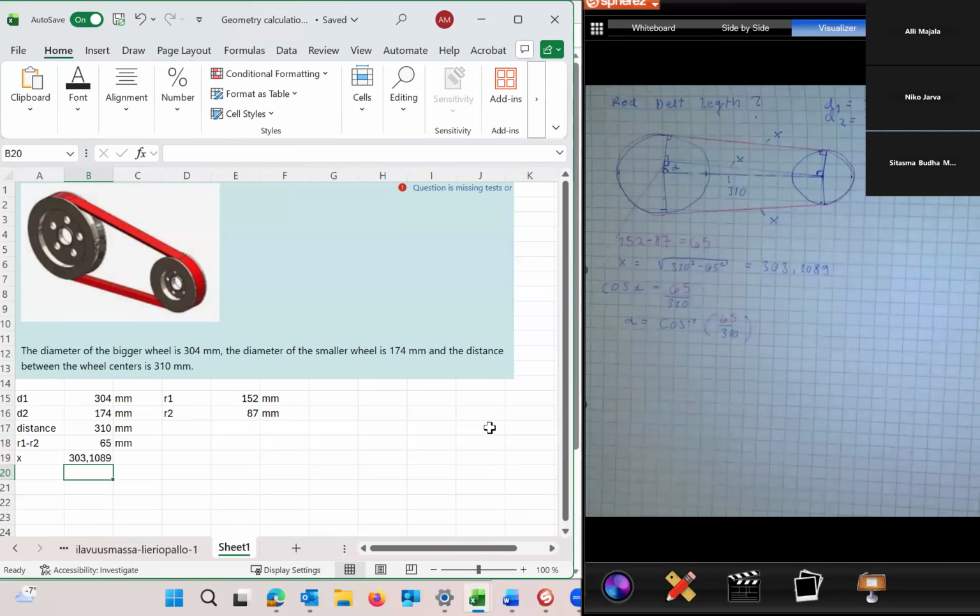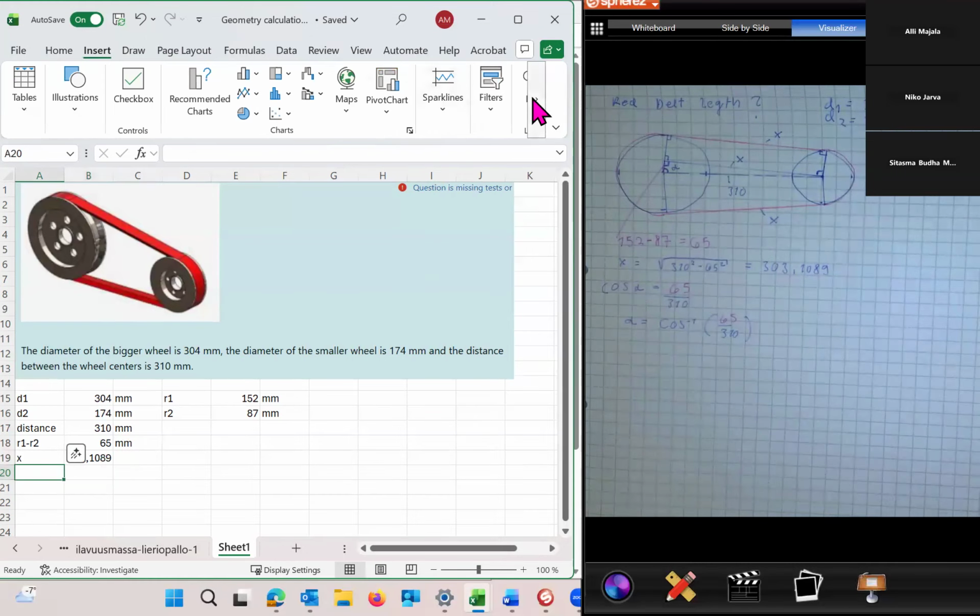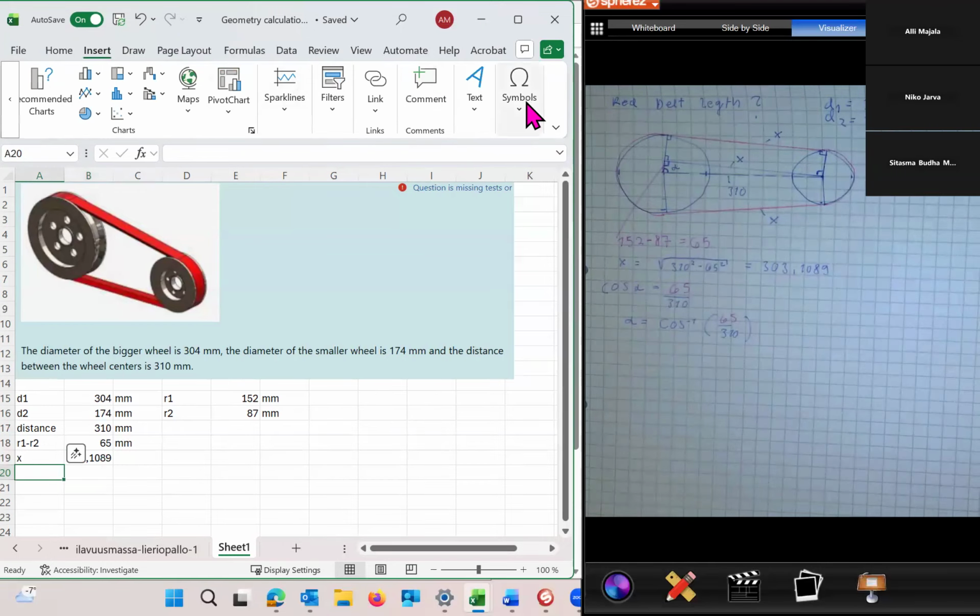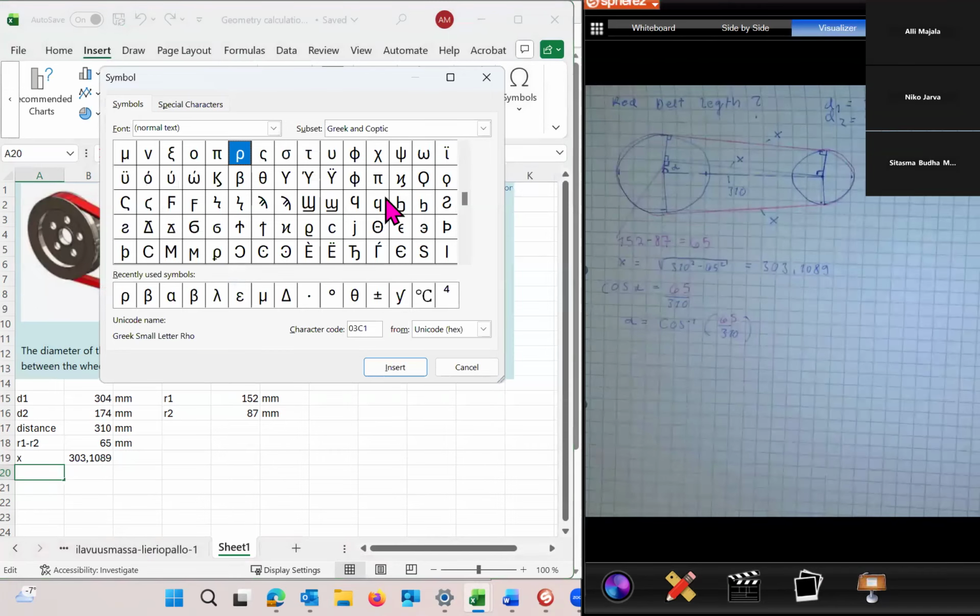Yeah, and then I have to know how to write it to the Excel. Okay, I'll just write it here, maybe I can get it from here. Symbol. This is what I found closest to the alpha.